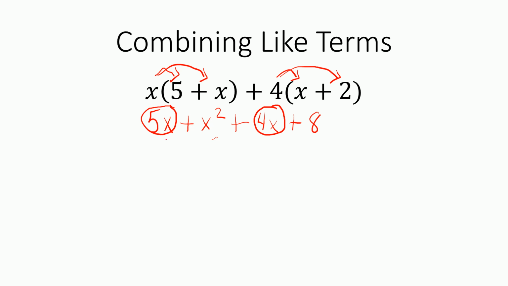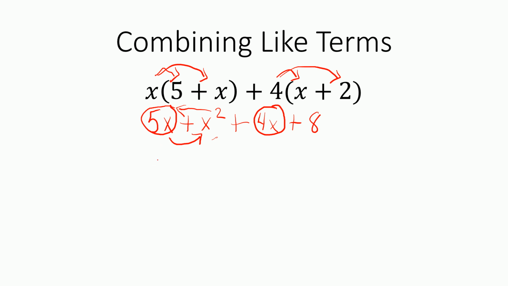However, we notice they're not next to one another, and that's usually how we want to combine like terms. So what we would do is we want to move the 5 here, which means we got to switch the 5 and the x squared, which I'm allowed to do because of the commutative property.